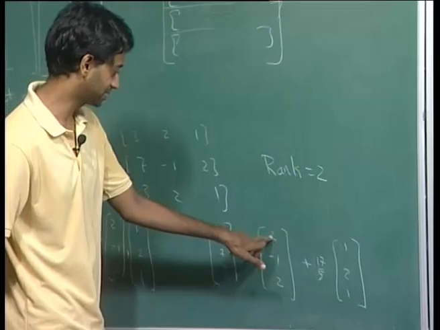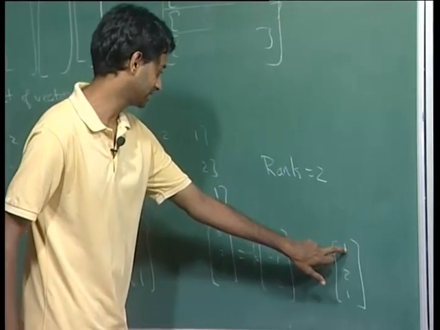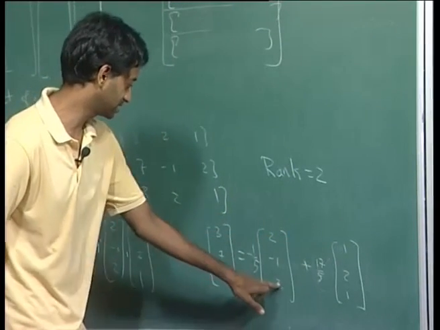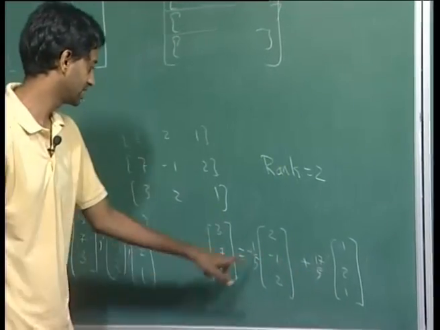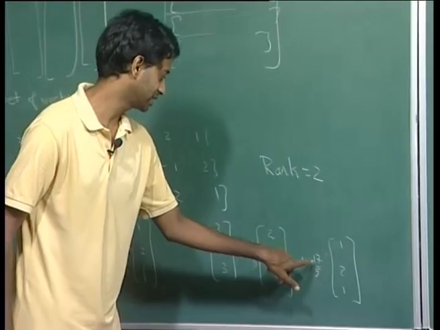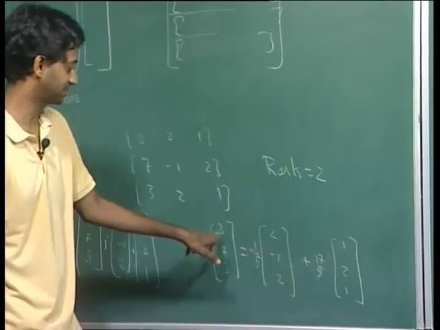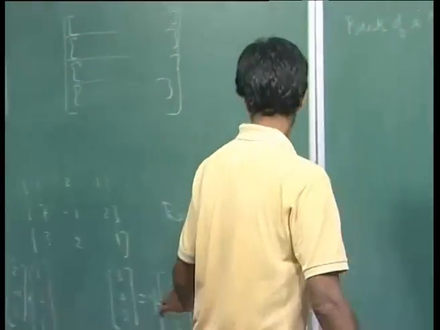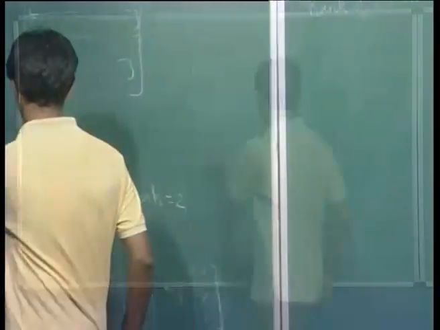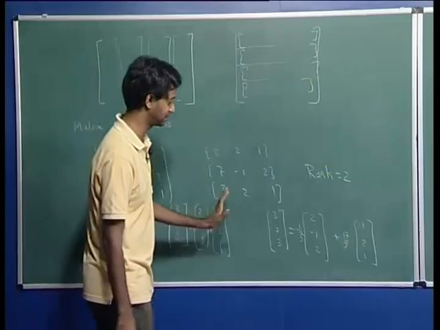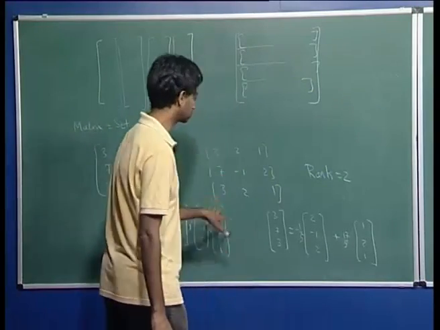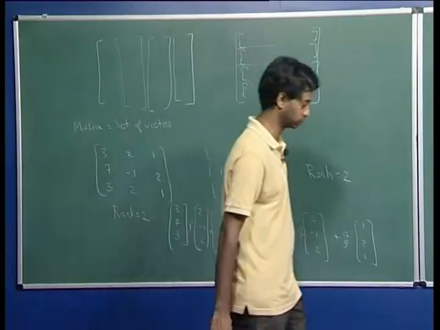So, then this is minus 2 by 5 plus 17 by 5, that is 3. Similarly, this is also minus 2 by 5 plus 17 by 5, that is 3, and this will work out to 1 by 5 plus 34 by 5, that is 35 by 5, that is 7. So, then you can show that these 3 column vectors are not linearly independent, they are in fact dependent, and you can also show that the rank of the matrix is equal to 2.